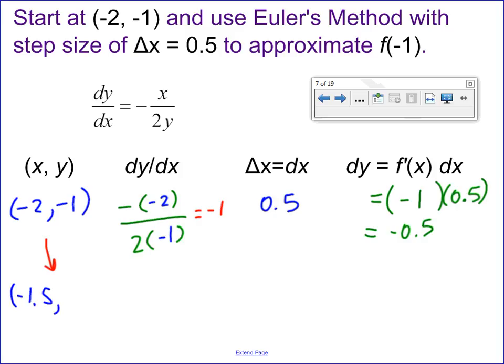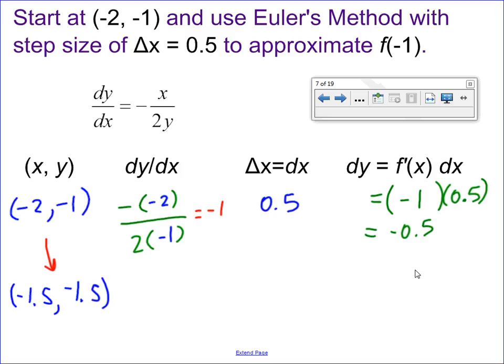My y coordinate, we anticipate changing from -1 down another 0.5 units, so it would be -1.5. Awesome. And now I begin the process again. So my new point that I'm starting with is an anticipated -1.5, -1.5.